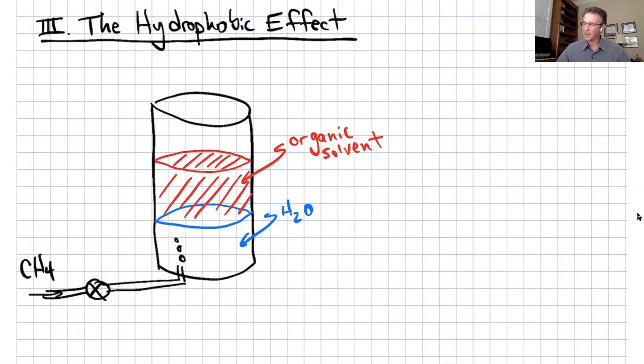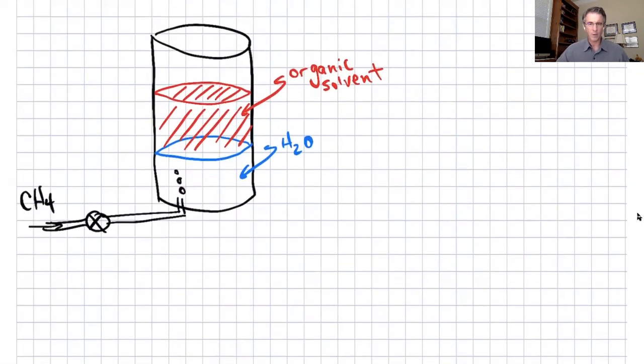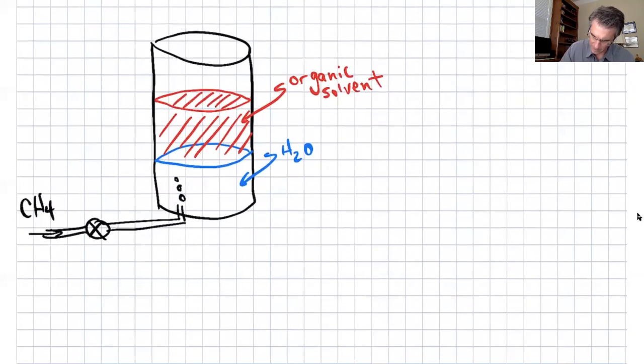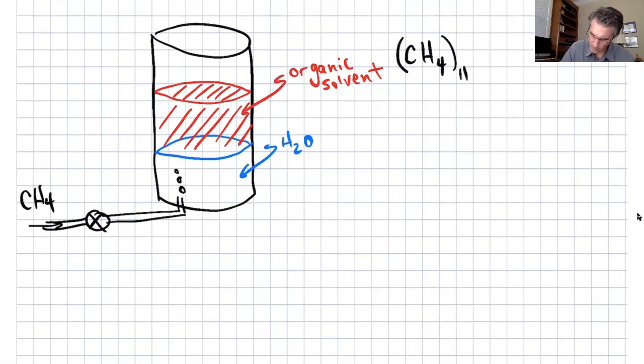Okay, well, consider this. We can think about that process as an equilibrium. So we can write that down. We know how to write that down, right? So we could say, well, let's think about this as methane in water that's in equilibrium, say, with methane in the organic, right?